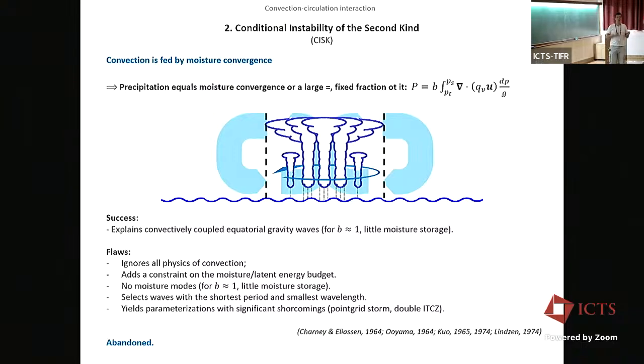Well, there was no question of moisture modes at the time, but it's clear that this type of approximation can't give you moisture modes at all, because moisture modes are modes for which the storage of humidity and the advection of humidity are super important. It would also have this weird behavior where, in terms of scale selection of waves, it would select the smallest scale, both in time and space.